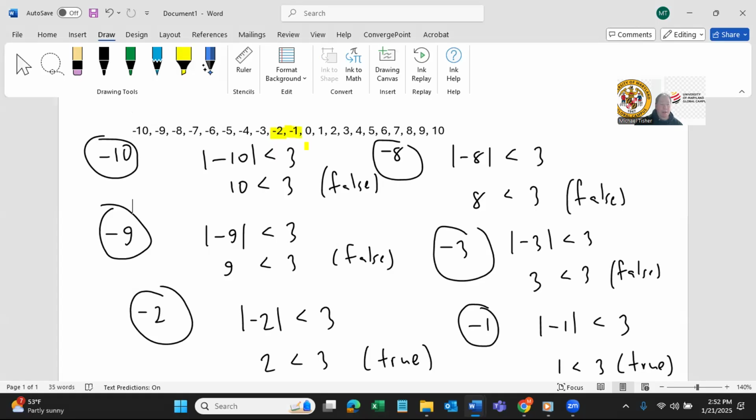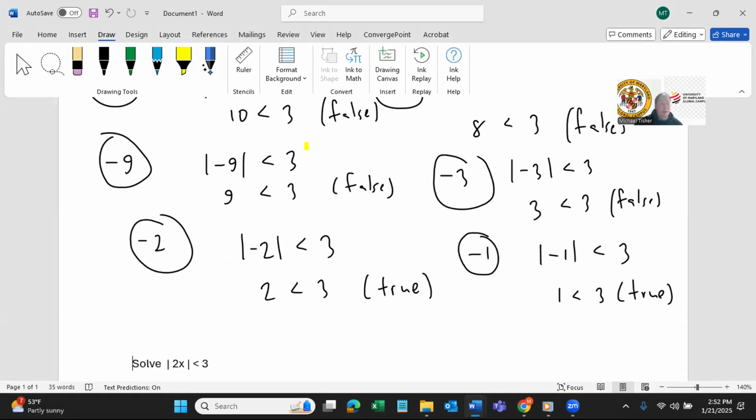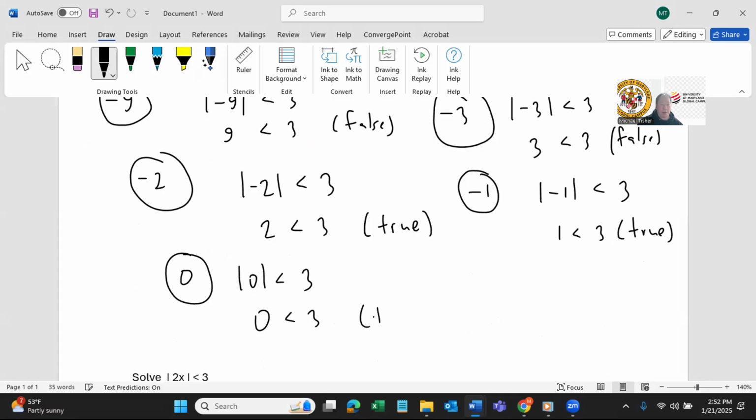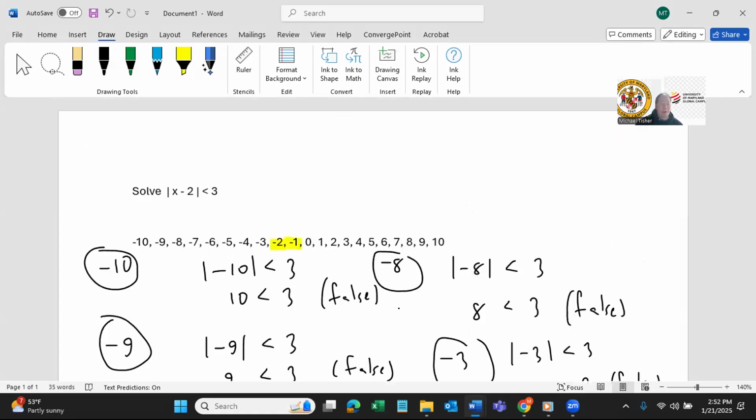Let's try that. The absolute value of 0 is 0. And is 0 less than 3? That's true. So it looks like it might be true for the rest of these numbers, perhaps.